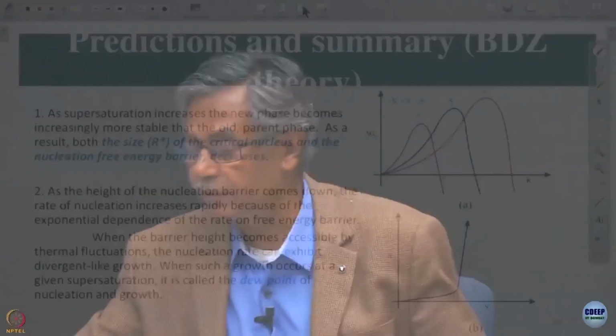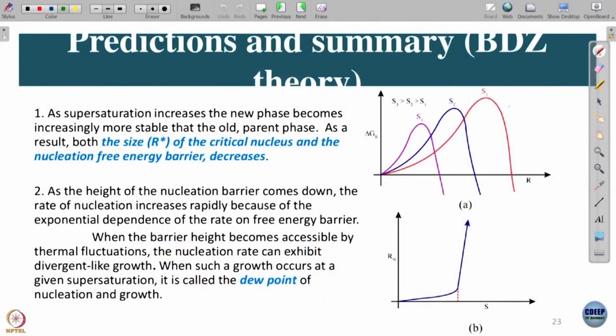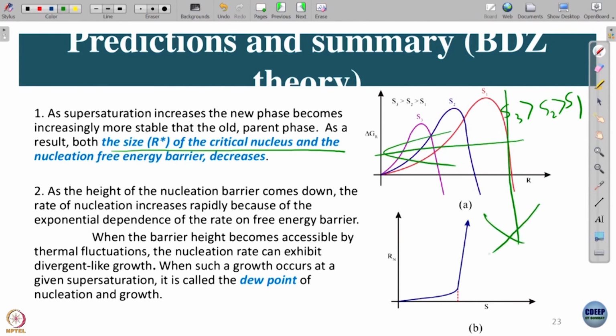And these are the different supersaturations. The supersaturation S3 is more than S2, more than S1, and when the supersaturation increases, the size of the nucleus comes down, and the barrier comes down. So, the activation free energy decreases.